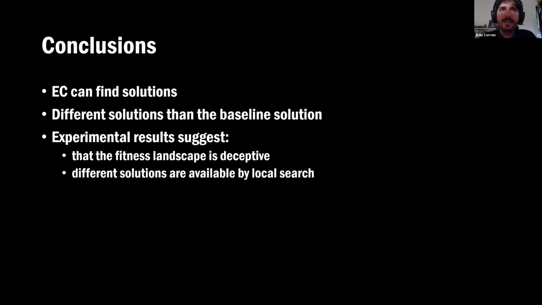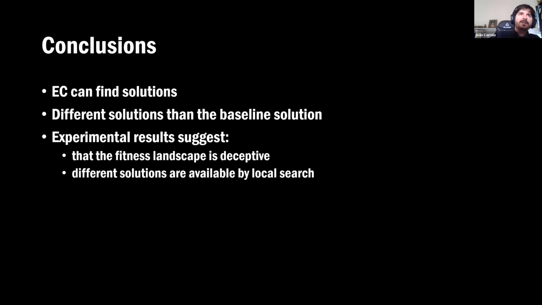We found solutions different from the baseline, but we felt that the solution space is really dynamic and deceptive, in the way that a small change can leap to a completely destroyed solution, or a small adjustment can have a ripple effect on the whole design of the structure.